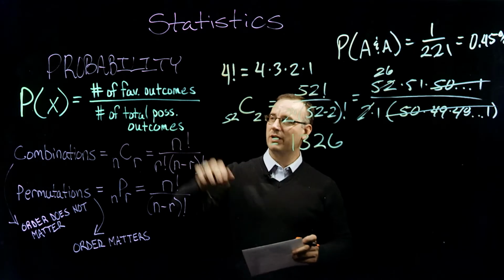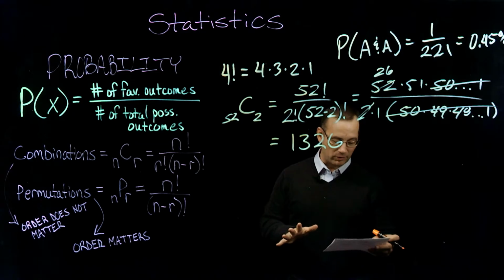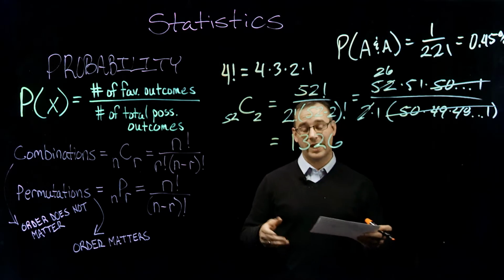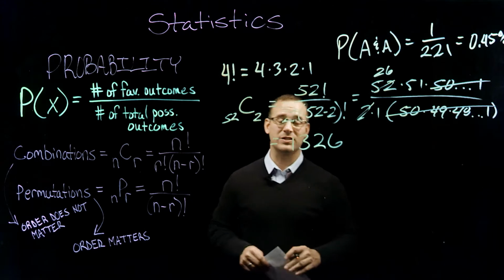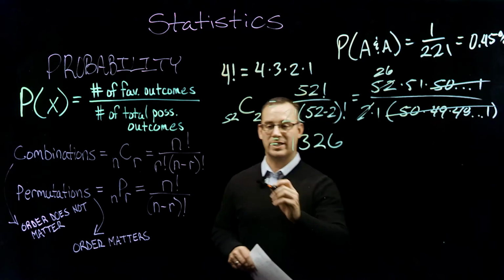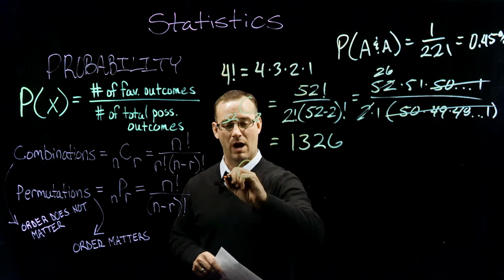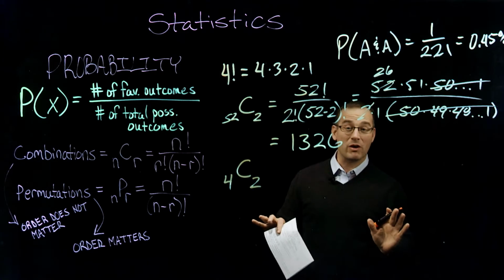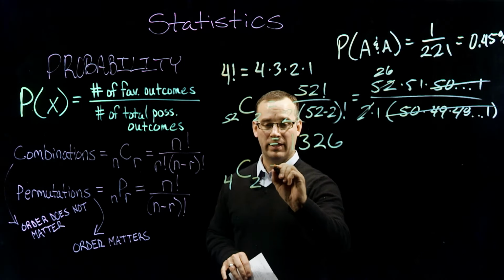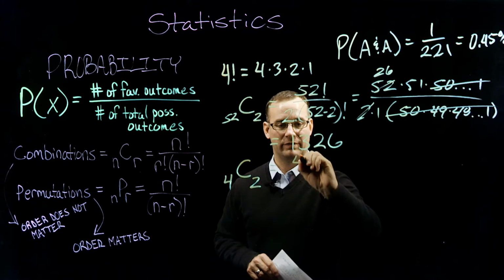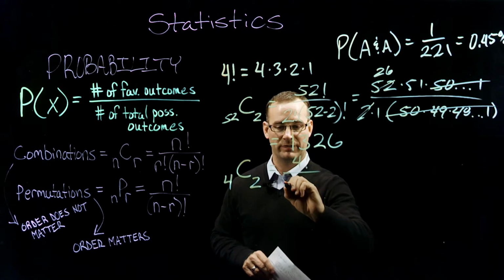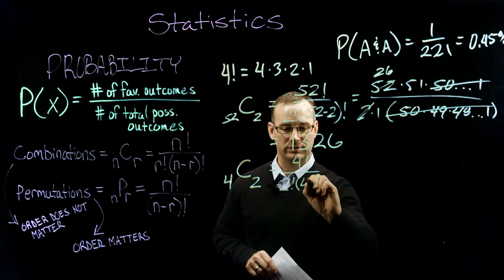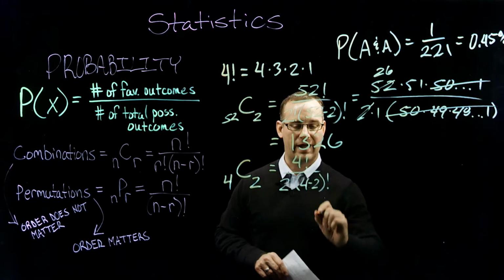Now we're going to solve for the number of favorable outcomes of those aces. Instead of 52 cards in the deck, we have 4 aces, and we'll take any 2 of those that we can draw. So we've got 4 factorial over 2 factorial times 4 minus 2 factorial.